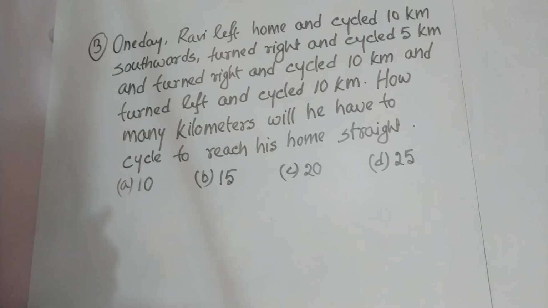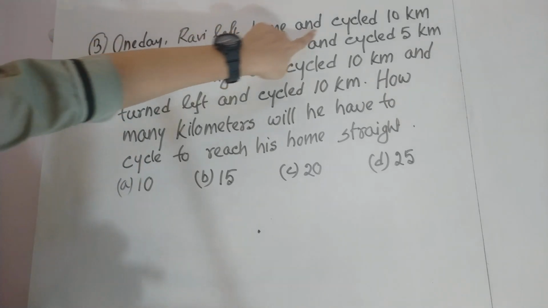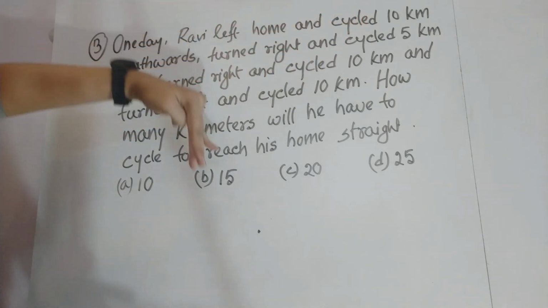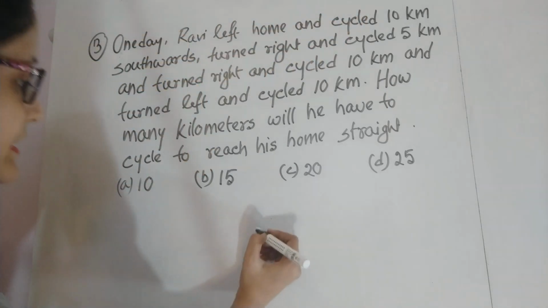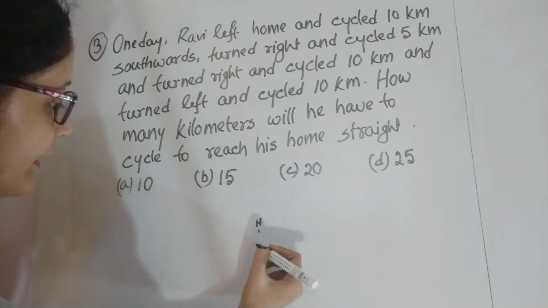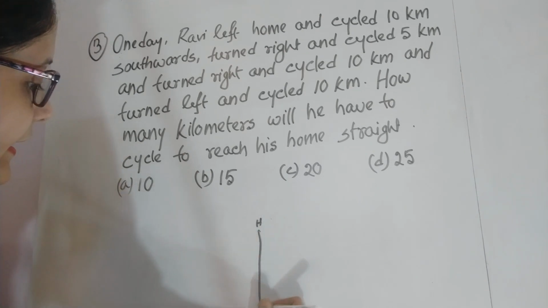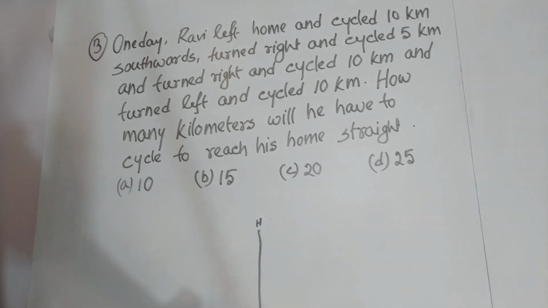Okay, so here Ravi starts from this point, suppose, and he cycled 10 kilometers southwards. Now suppose this is his home and he cycled 10 kilometers southwards.